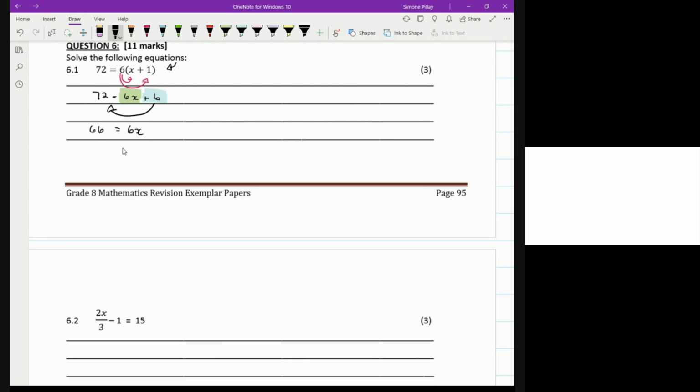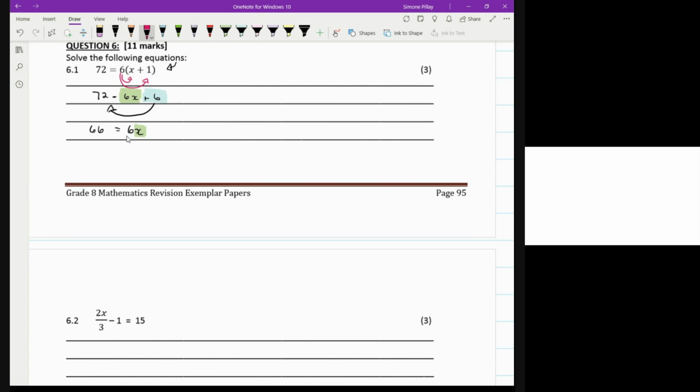Now that I've got this, again, I want to get my variable by itself. Oh, sorry, my tongue is actually crying right now. I want to get my variable by itself. Yes, Imihle. Hello, ma'am.